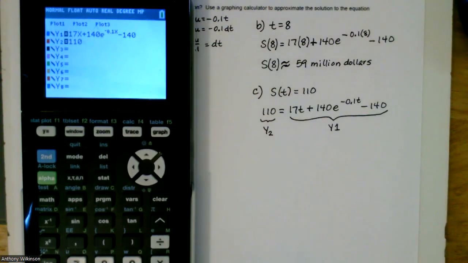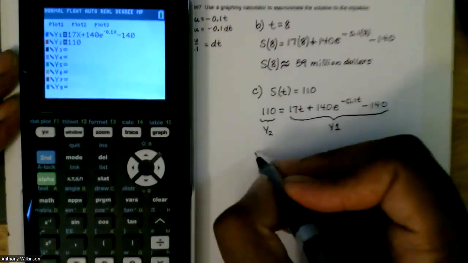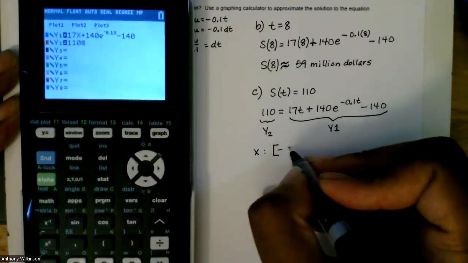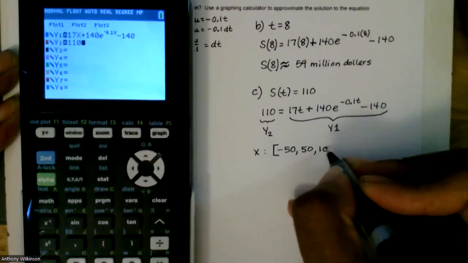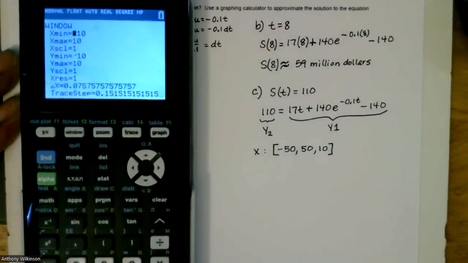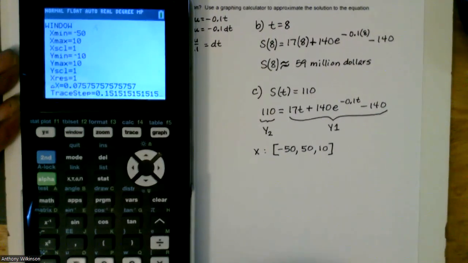Now, the next thing I'm going to do is set the window. For the x window, it's going to be from negative 50 to 50 in increments of 10. So if you press this window key up here, your x-min would be negative 50.